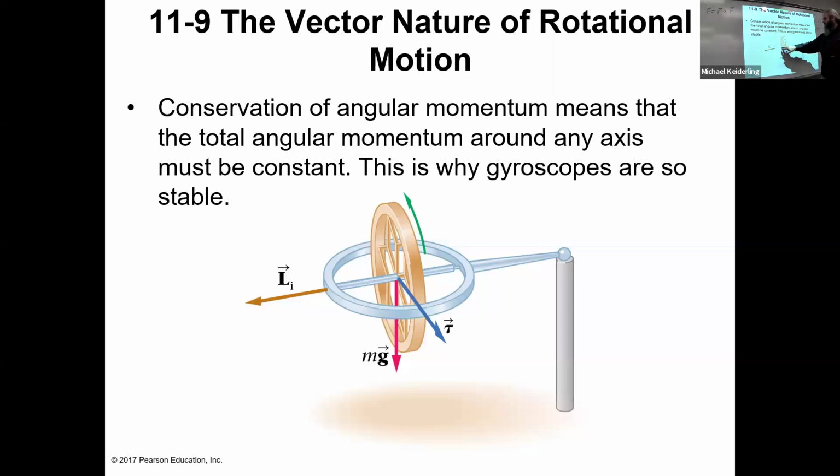The force here plus the angular momentum this way creates a torque this way, basically, and that ends up causing the object to rotate. So there are some unintuitive things that happen because of this.